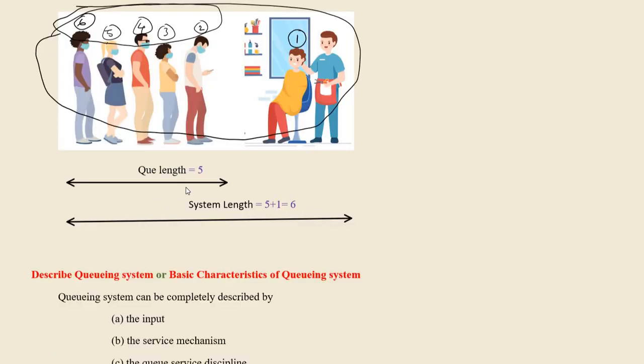Yes, the queue length in this diagram must be 5, because 5 persons are waiting. One more person is getting service now, so that should be included when we talk about the system length.